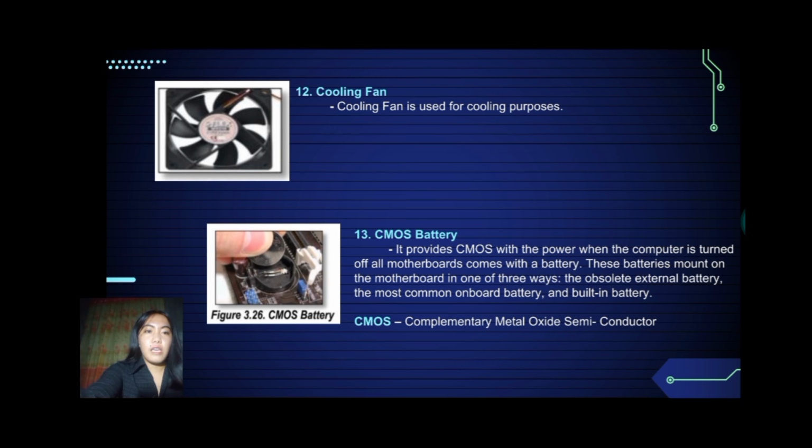CMOS battery. The CMOS battery, also known as the motherboard battery or RTC, real-time clock battery, is a small, cylindrical battery found on the computer's motherboard. It plays a crucial role in providing power to the CMOS, or complementary metal oxide semiconductor, when the computer is turned off.